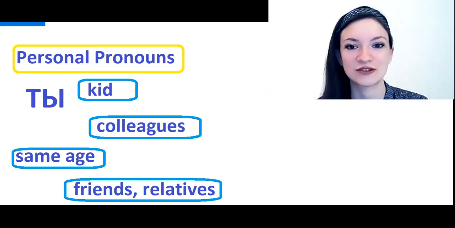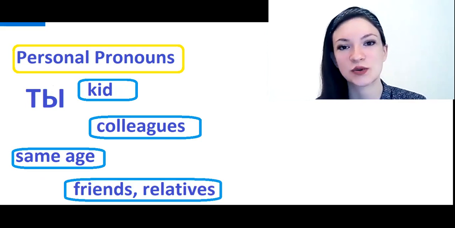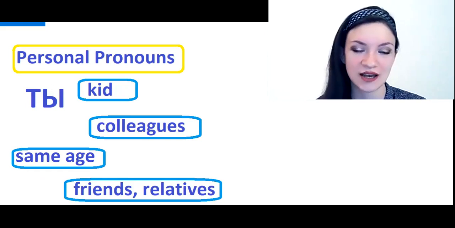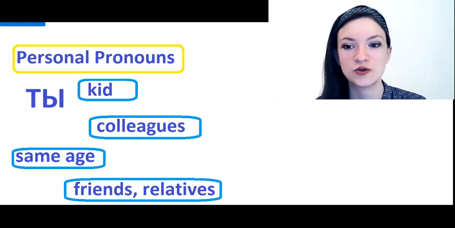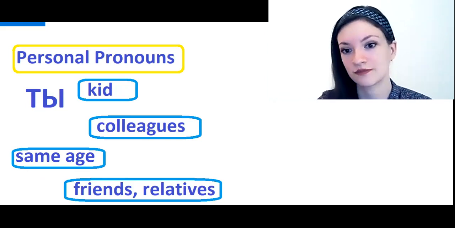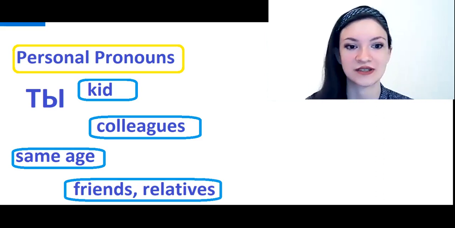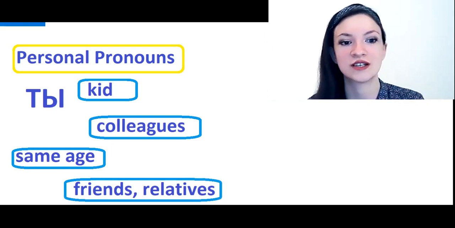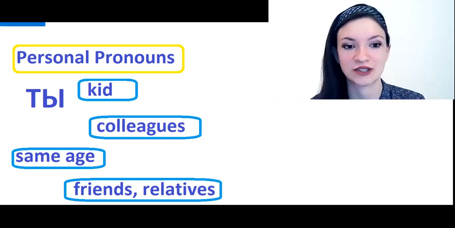And now let's talk about the pronoun ты. It's quite confusing, especially for English-speaking people, because in English you have only you. You say it for many people, for one person, yeah? But in Russian, when should you use this personal pronoun ты?